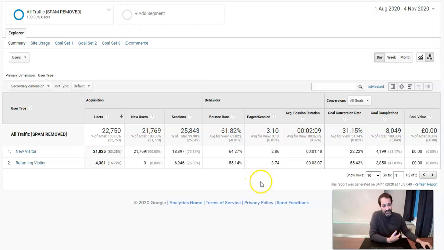I think this is just one way for anyone to very quickly understand the engagement people actually have with your website, from returning visitors and new visitors.